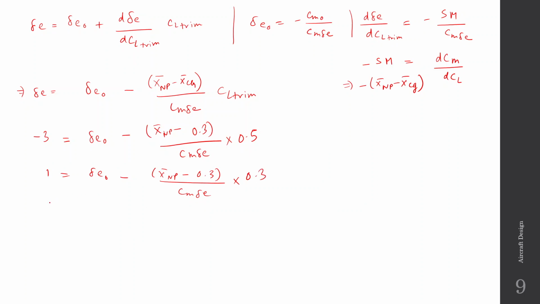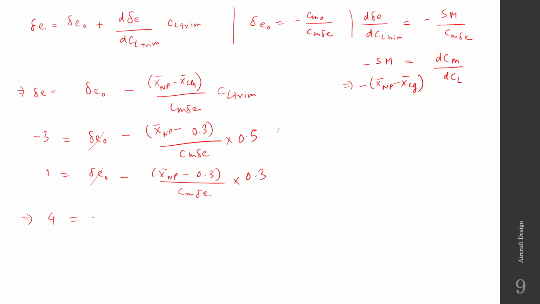Now what we'll do is subtract one equation from the other. So let us subtract the first equation from the second. So we'll get 4. These terms will cancel, delta E naught will cancel. And we are subtracting this term from this term.